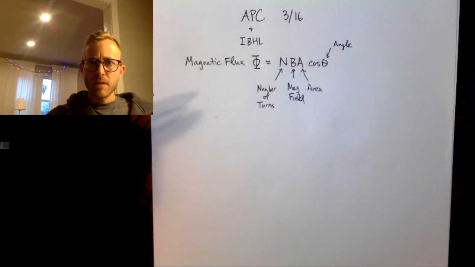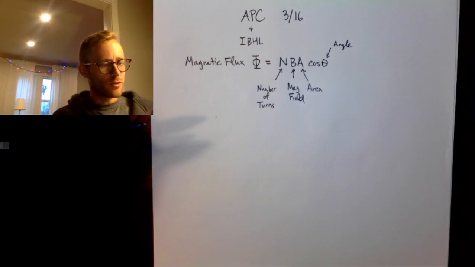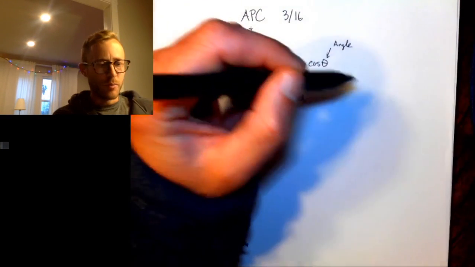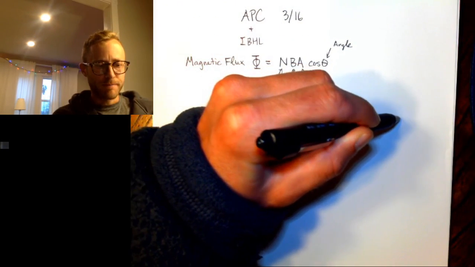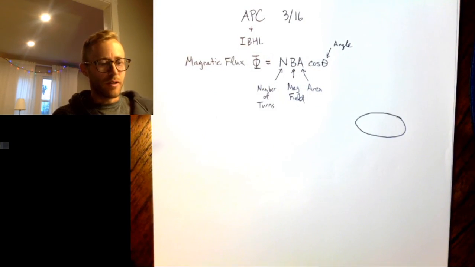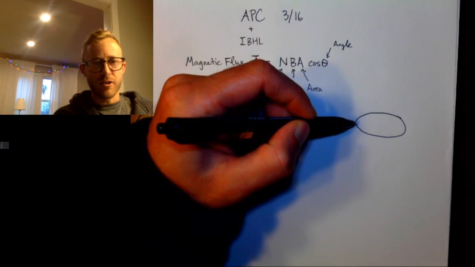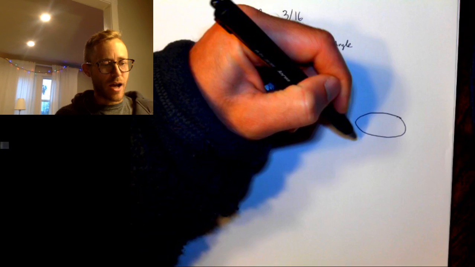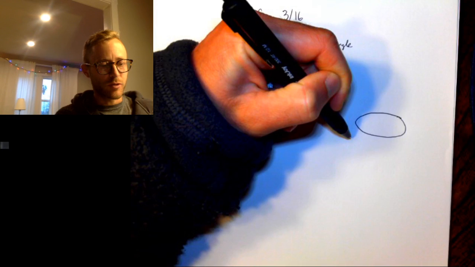The picture you want to have in your head is a loop of wire, and the loop has a certain area passing through the loop. So it's going like this.